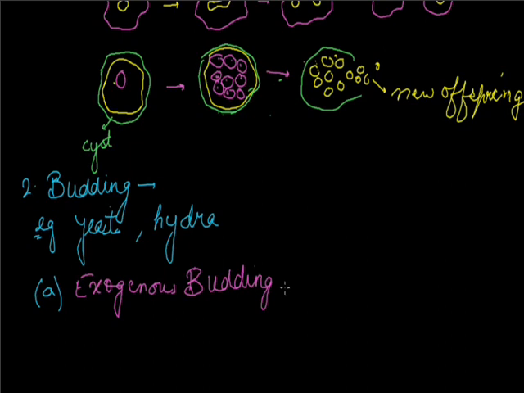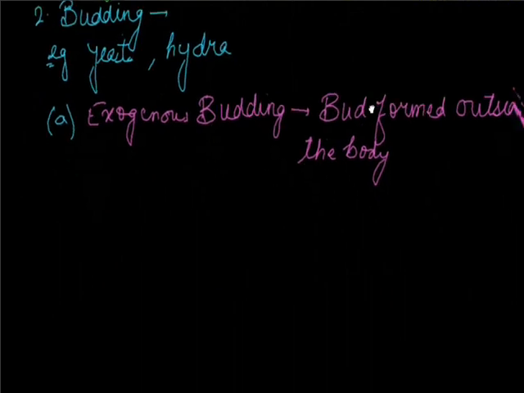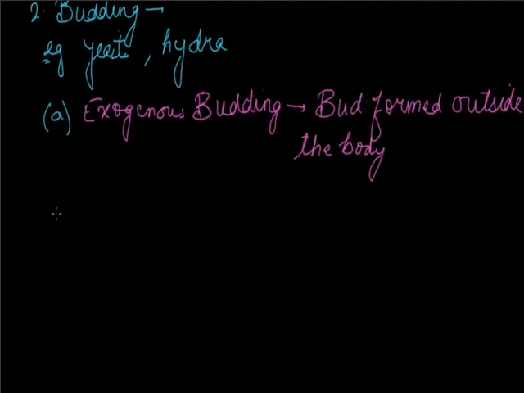In exogenous budding, the bud forms outside the body. Like in yeast, where we are dealing with chain budding, or in hydra. So we are taking the example of hydra. Suppose these are the tentacles of hydra. Here a small bud grows.